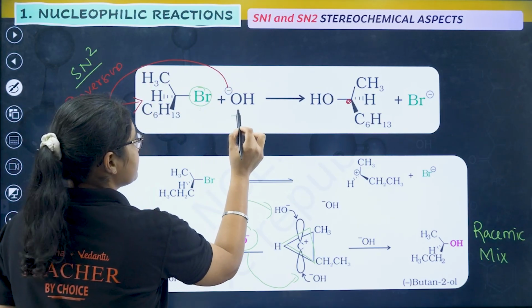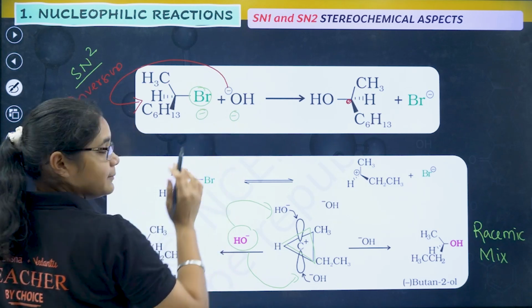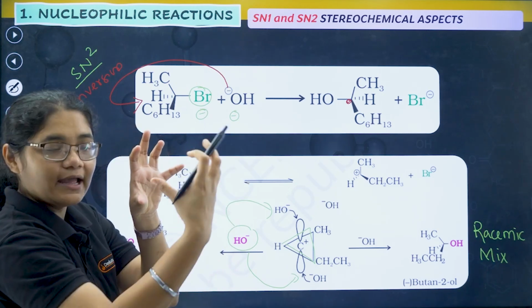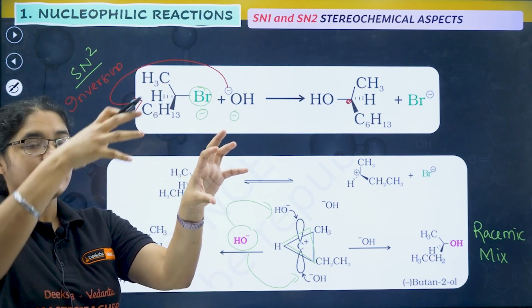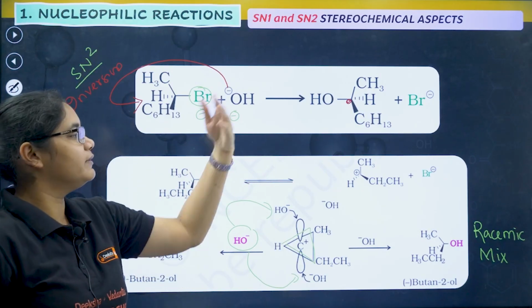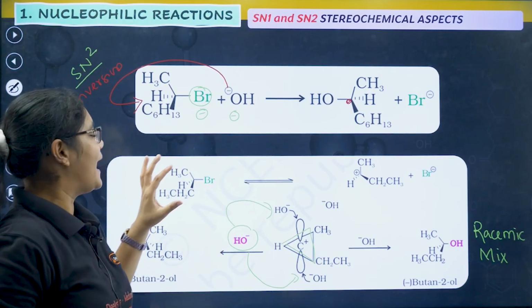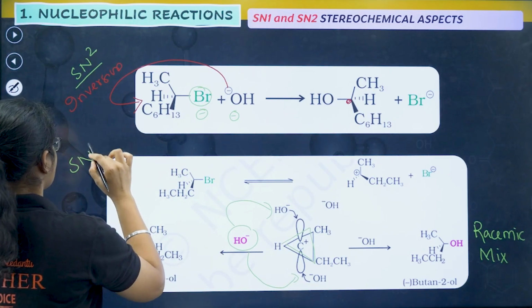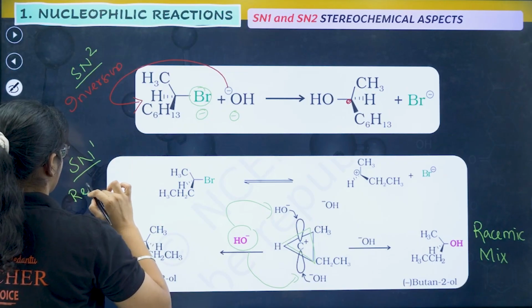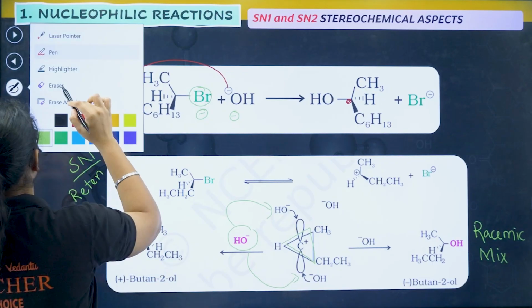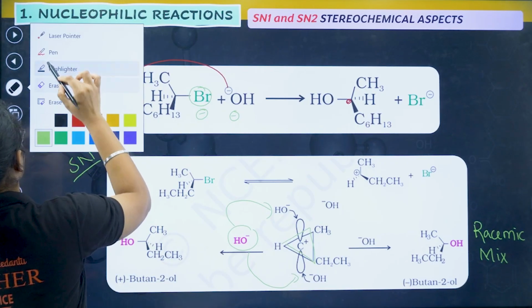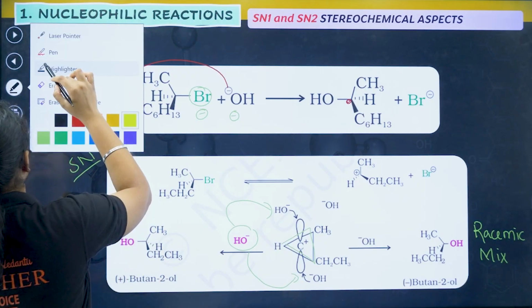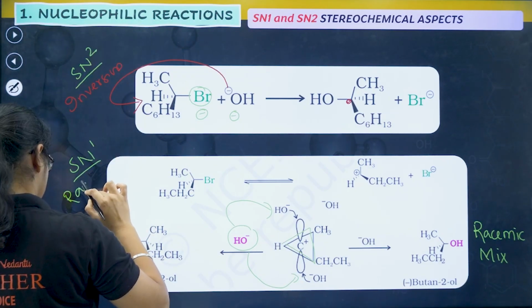Moreover, this is a nucleophile, this is also a nucleophile, they will repel each other, so it cannot come directly, it attacks from the back side. So when it attacks from the back side, we get an inverted product. And in case of SN1, sorry, we get a racemic product.